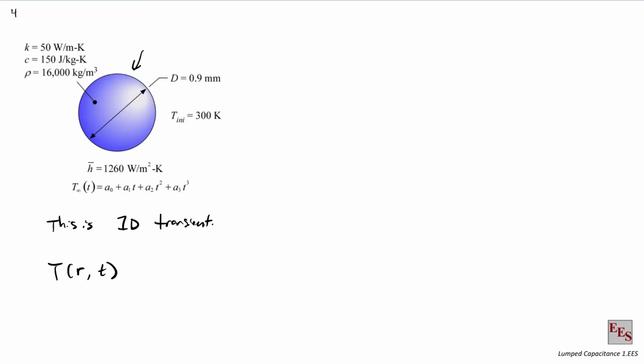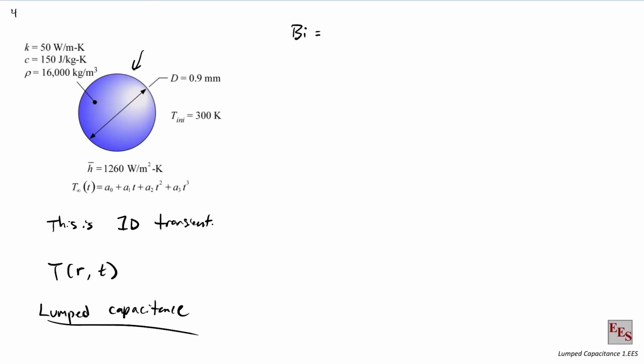Okay, so making that assumption is called the lumped capacitance assumption. The lumped capacitance assumption says I have an entire body, and that body is at a single temperature at any moment in time. What do we use to justify that assumption? Well, we can go back to our friend, the Biot number.